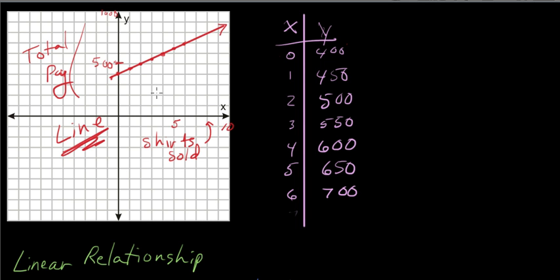And when I put this on here, I've got the graph of an equation. Okay? The equation is y, that's this, okay? That's my total pay. Y is equal to 400 plus 50 times x. X is the number of shirts I sell. So if I sell, let's say I sell 20 shirts, okay?